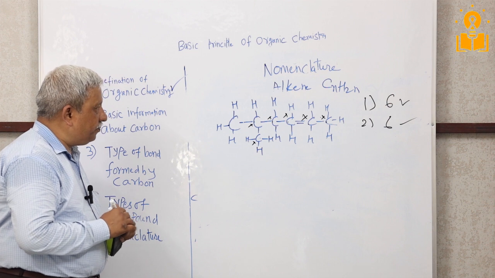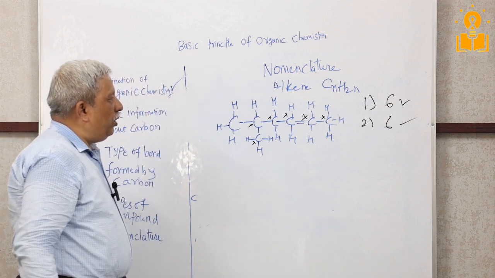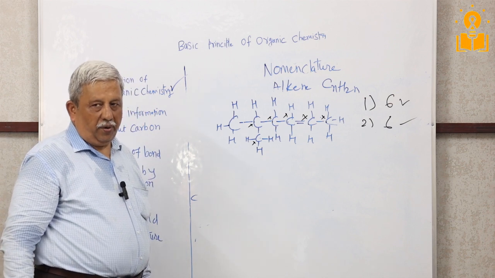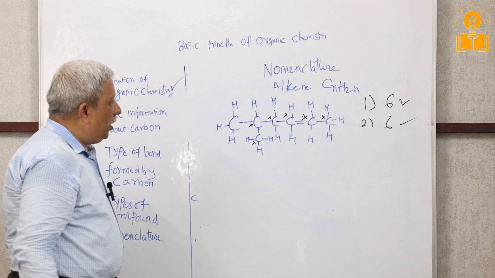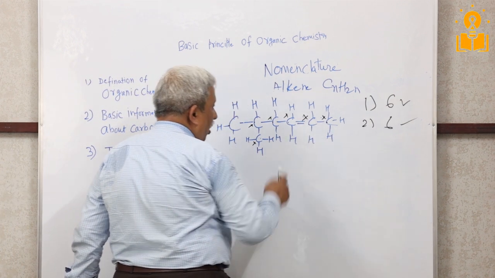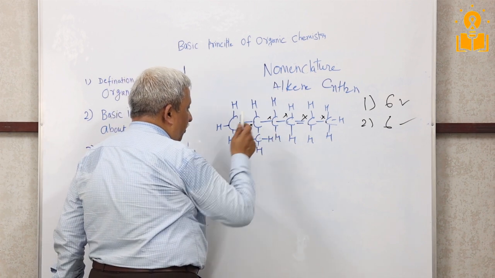Second thing is, here you have to give the lowest possible number to the double bond. So here we have the double bond at 2, and a substituent at 5.